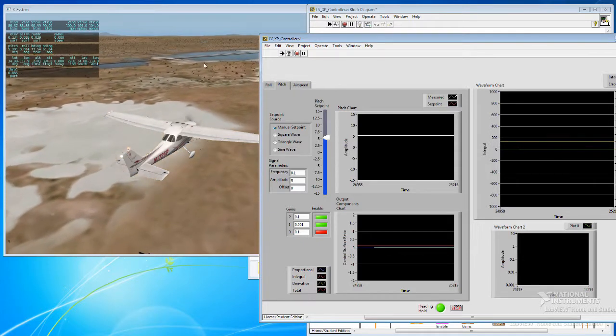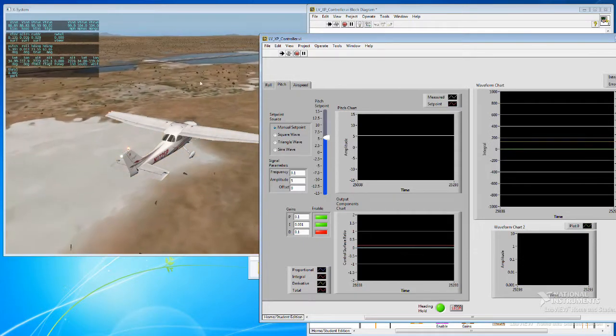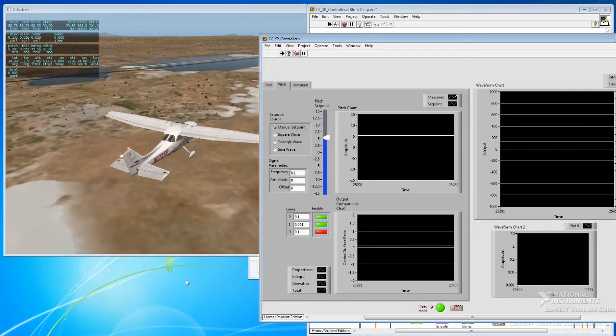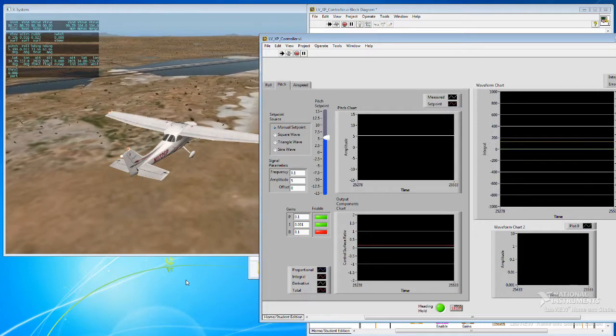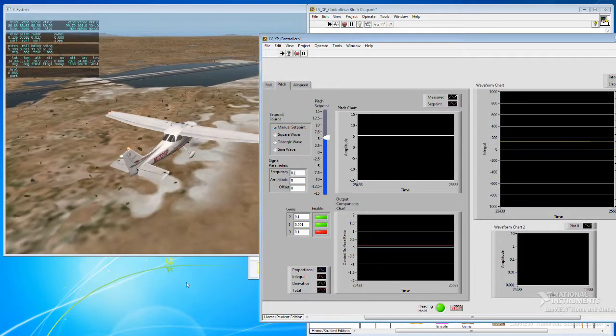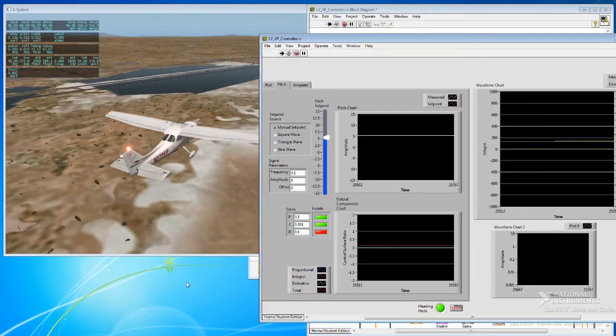I can have whatever wind I want, and I can find all those corner cases and those niche conditions where the controller's not going to do what I intended it to do.